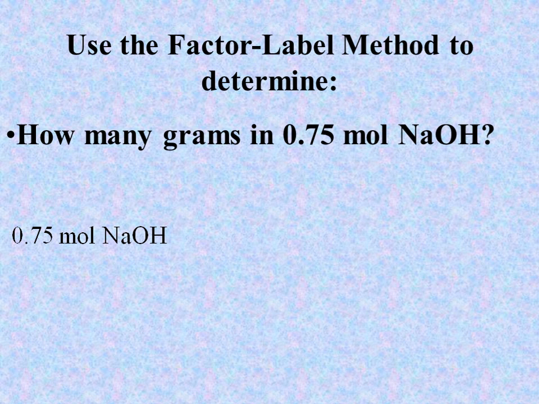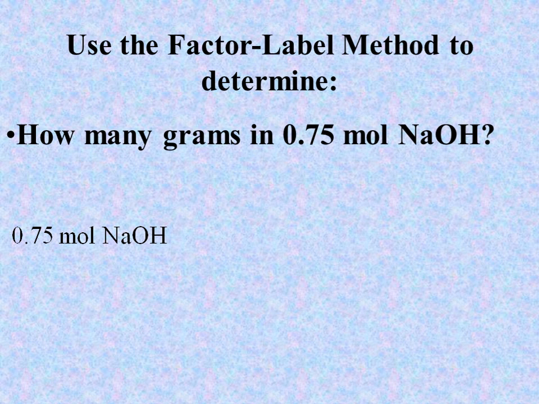In this example, we are given 0.75 moles of sodium hydroxide and this time asked to solve for grams. So once again we are converting between mass and moles, so we're going to use molar mass as our conversion factor. This is the same substance as the previous example, so we know that it's 40 grams per mole.